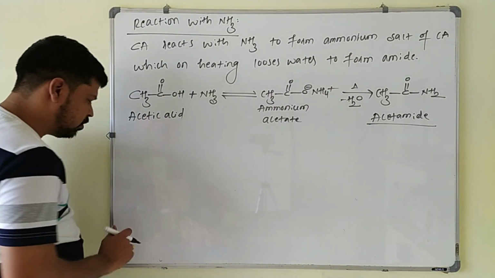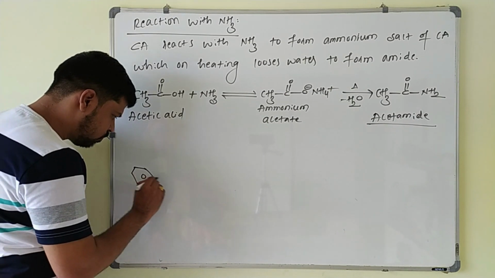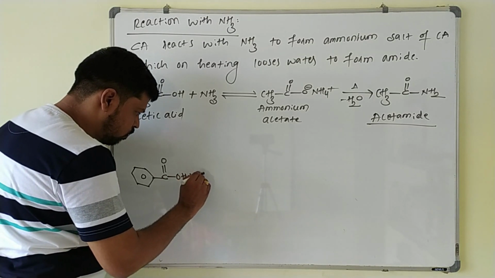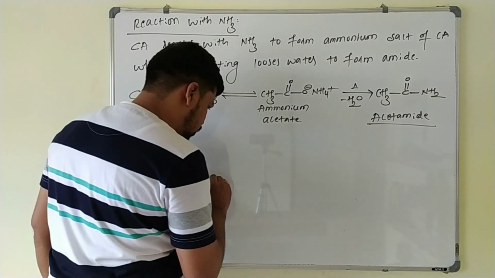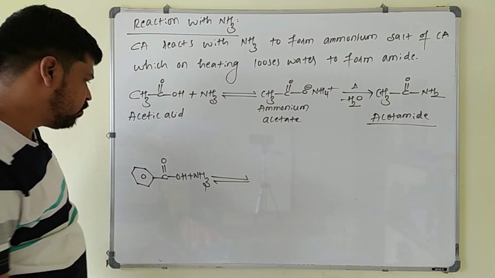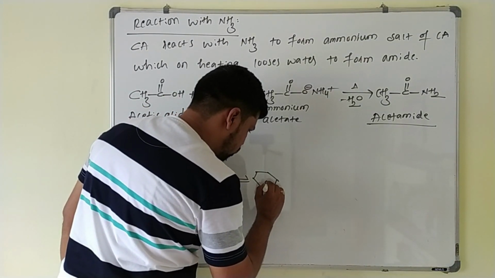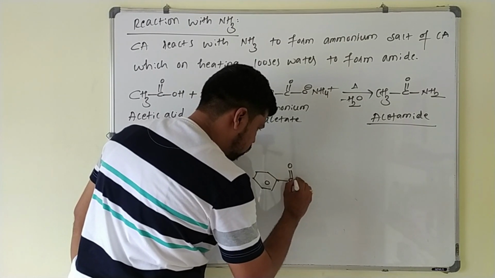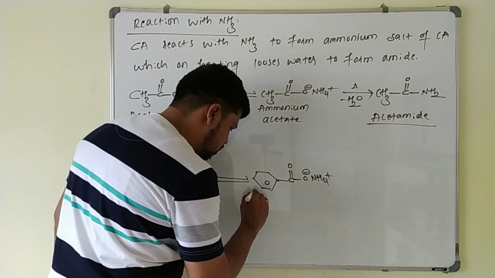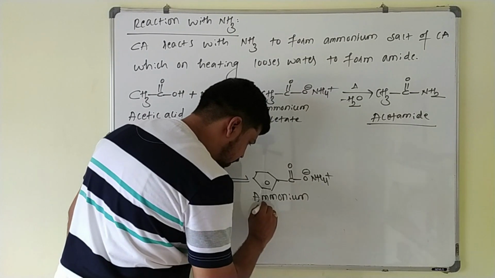Suppose I take benzoic acid. This benzoic acid on treating with ammonia forms ammonium benzoate, ammonium salt of benzoic acid, C double bond O minus NH4 plus, ammonium benzoate.